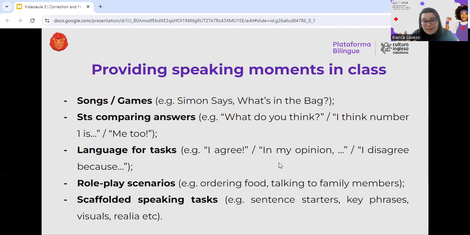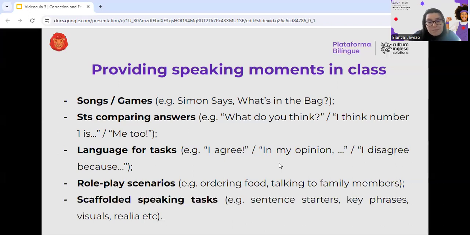And all of this basically are examples of speaking tasks where there is some sort of scaffolding involved. So you might show them cards with sentence starters and they need to complete them, or key phrases and they need to come up with the rest. You might use visuals, realia. The sky's the limit, basically, right?